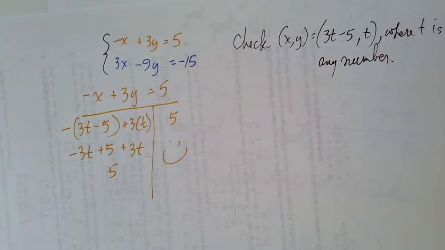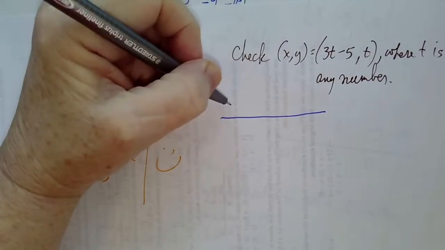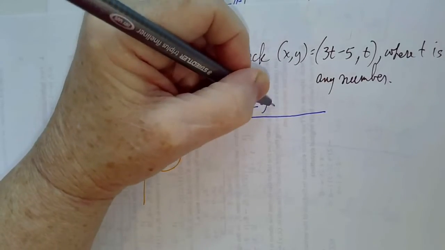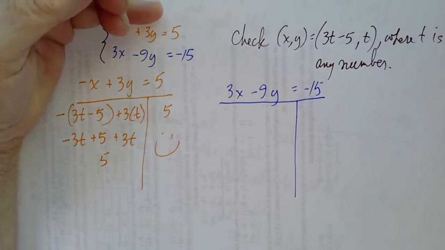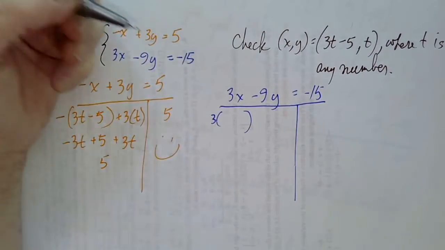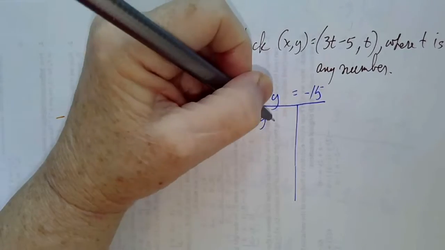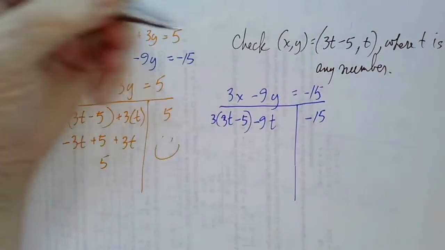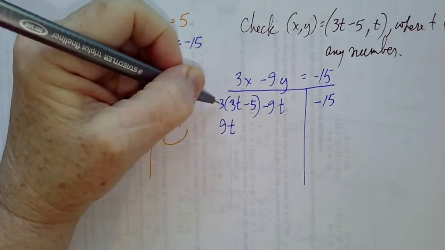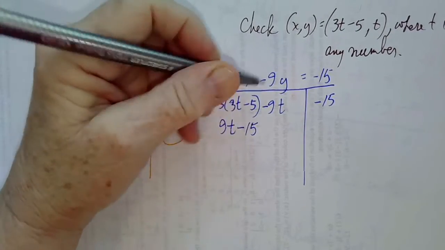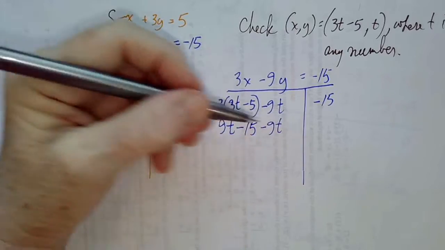Very bizarre. Now let's look at equation 2. 3x minus 9y equals negative 15. 3 times 3t minus 5 minus 9 times t, and that should be negative 15. 3 times 3t is 9t. 3 times negative 5 is negative 15, and we have a minus 9t here. 9t minus 9t goes away.